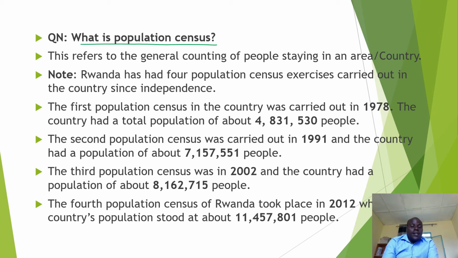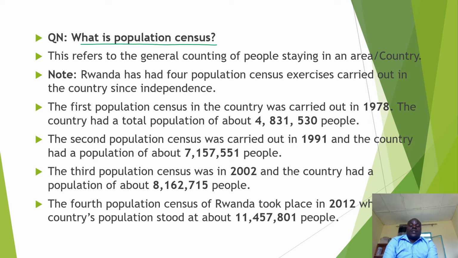In our countries here, at least after 10 years, a population census exercise should be conducted, because that's when we are able to know whether there is a positive change or a negative change in population growth. Here in Rwanda, I think the first population census we had was in 1978, where we had 4.8 million people.